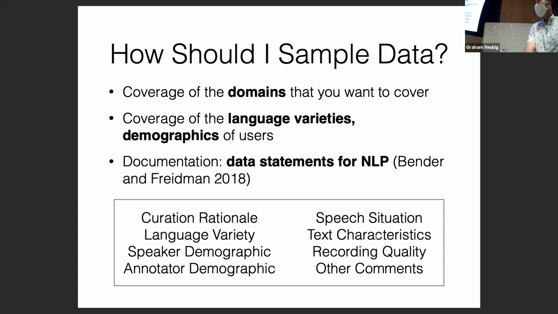The thing that I think is most insufficient from the data statements is text characteristics, which covers everything else. What domain is it? Where was it derived from in terms of source? Also, what year is it from? There's lots of other things packed into this.